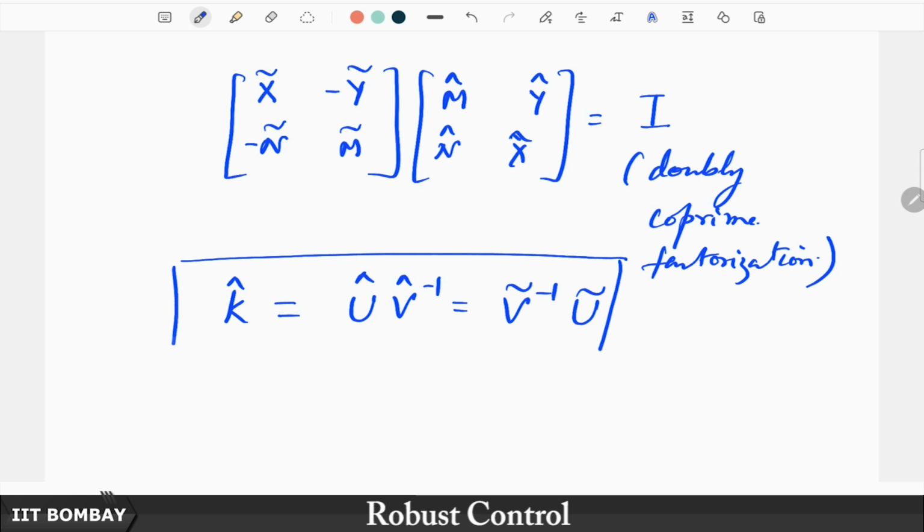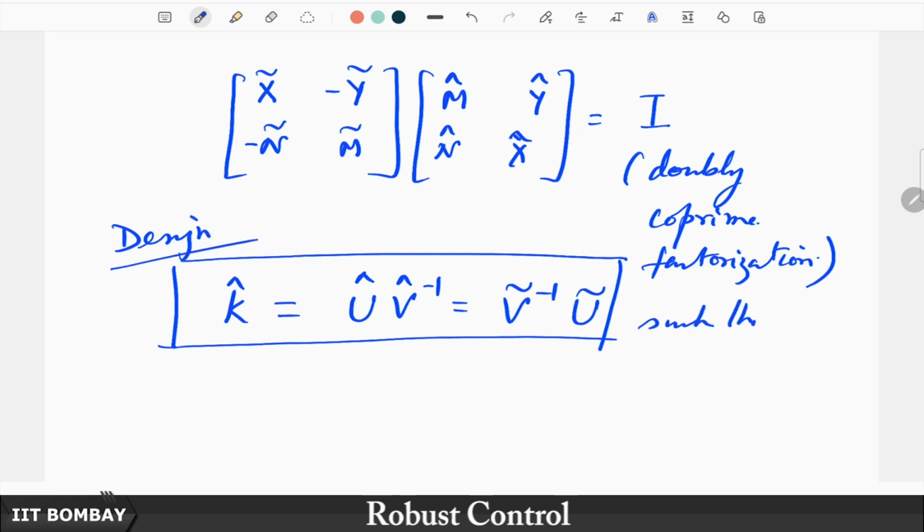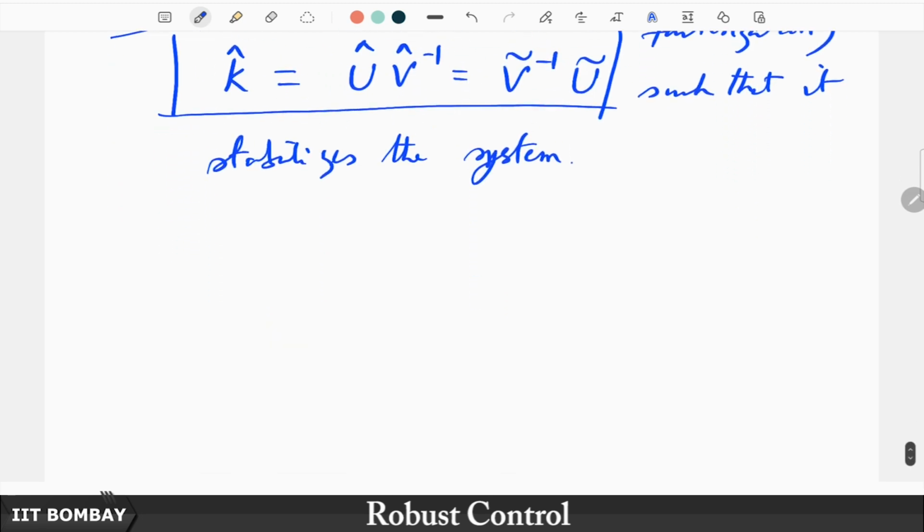We are looking to design this U hat, V hat or U tilde, V tilde. So, we want to design this such that it stabilizes the system. Okay. So, how do we go about this?